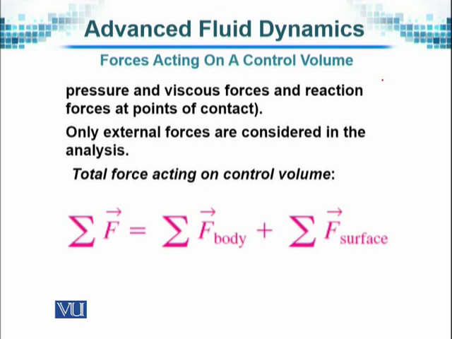When we choose a control volume, we try to see how we compute and calculate the external forces that are occurring. We write the equation as the summation of F, the total external forces, composed of the total body forces, all the body forces that I mentioned in the previous slide, plus the surface forces.